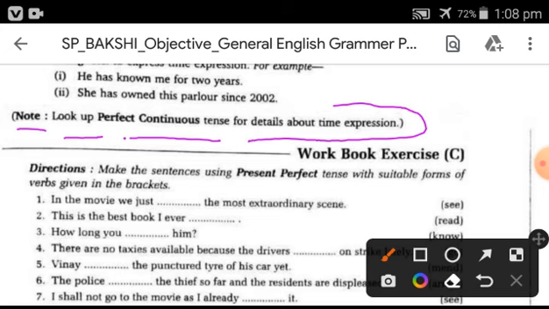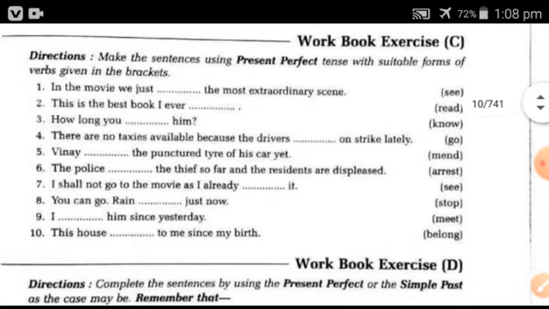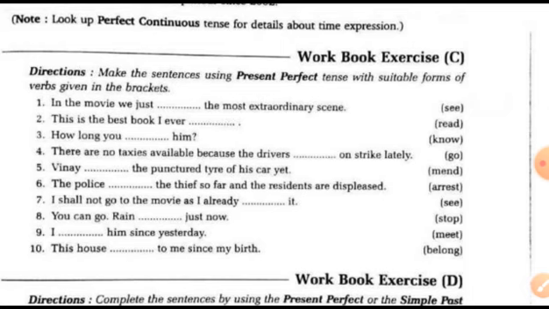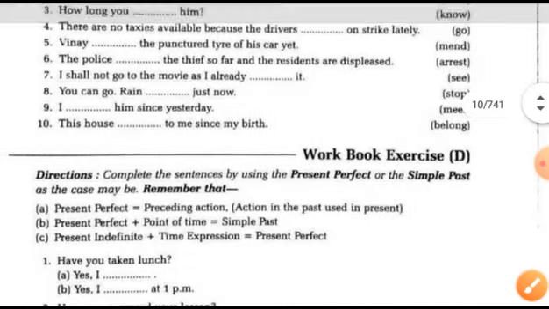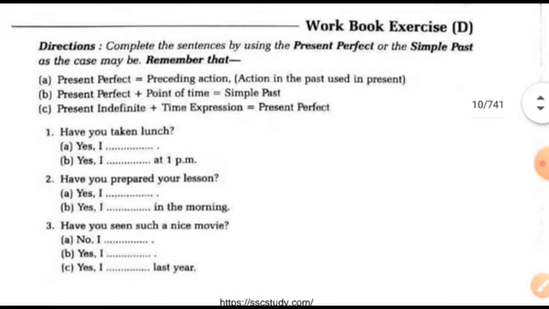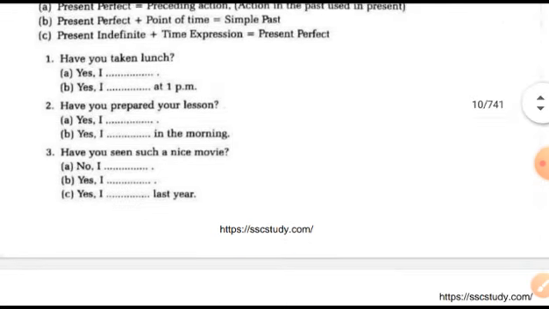First of all, we have some amazing problems related to present perfect tense, and I hope you will all try them yourself and comment your answers in the comment section.